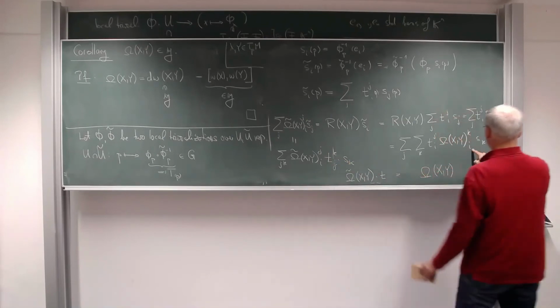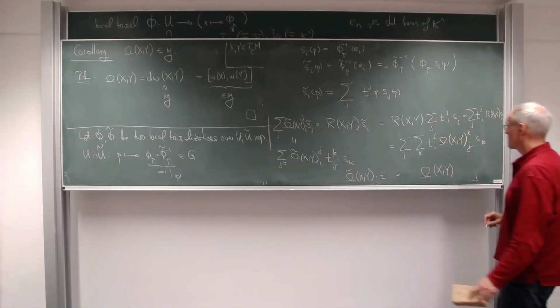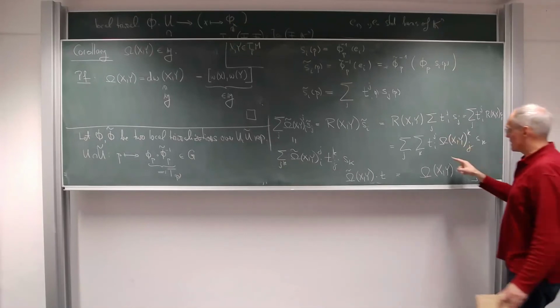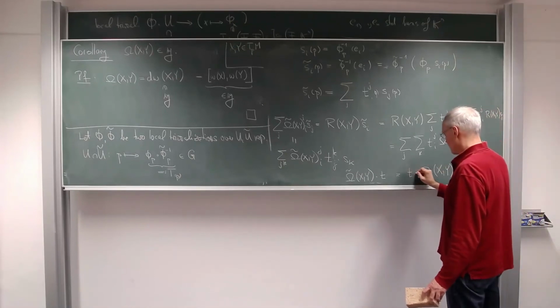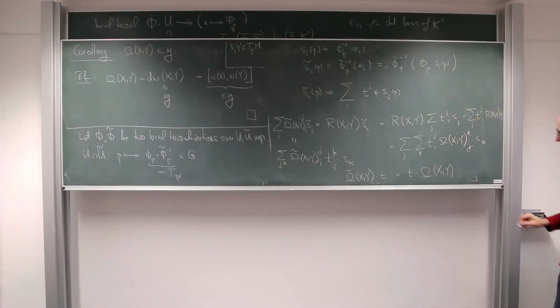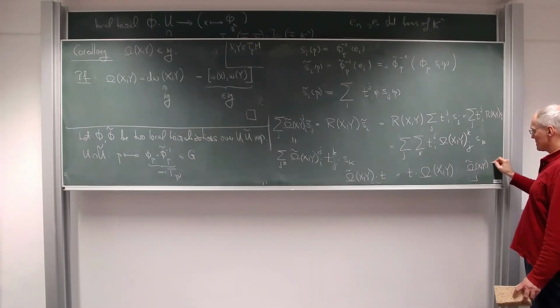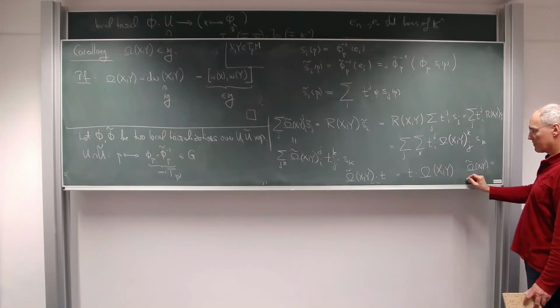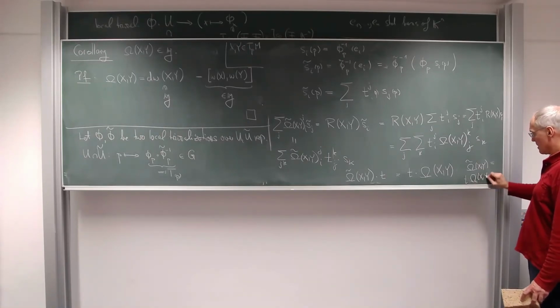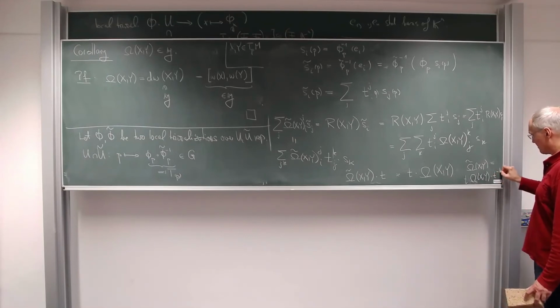There's also something wrong here, it's a j here, right? So then this is the multiplication from the left. In other words, omega tilde(X,Y) is simply t times omega times t to the minus 1.